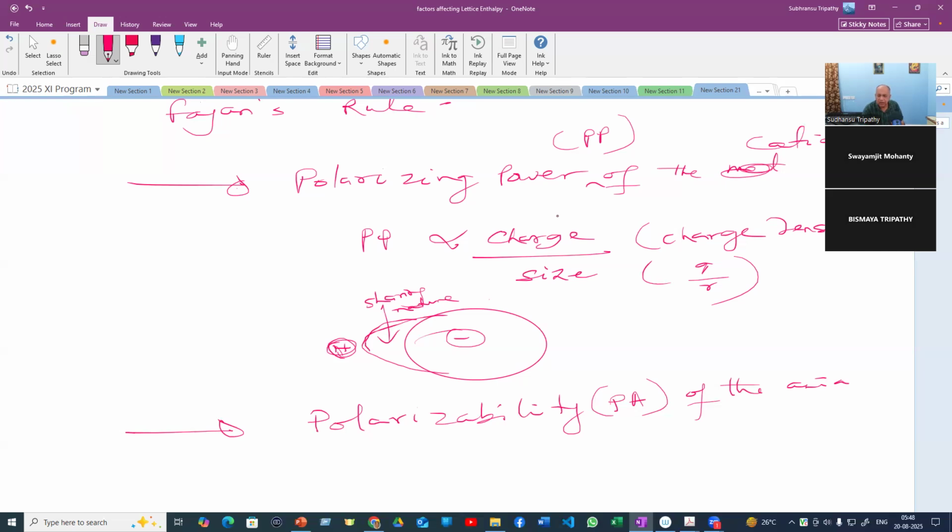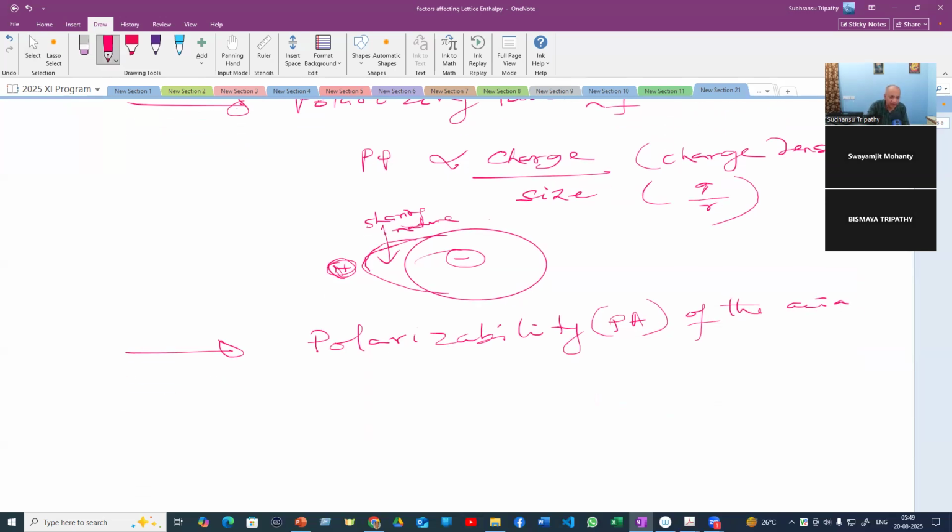A teacher having high polarizing power and a taught negative ion having high polarizability. If both are good, then it is a perfect match, and they will have appreciable covalent character. So much so, sometimes it will be more than 50%. We declare the molecule as a covalent molecule.